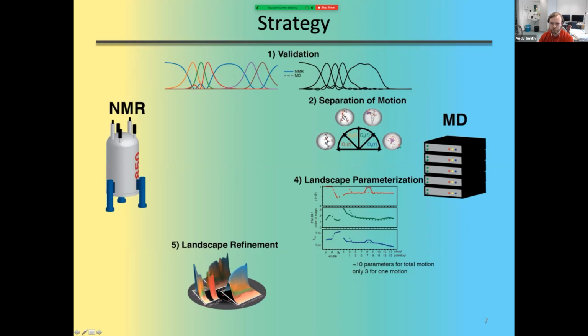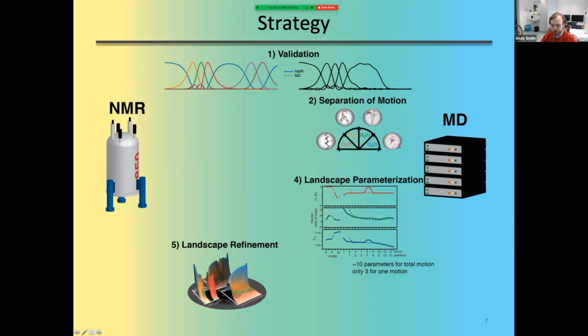Now, the next thing we're going to do is, well, we said that there's a very large number of parameters to describe the dynamics even of just a single bond. So what we're going to do is take the MD and we're going to use it to separate the motions into components. And the argument is that while the whole motion might be described with up to on the order of 10 parameters, the individual components we hope we can reasonably characterize with just a few parameters.